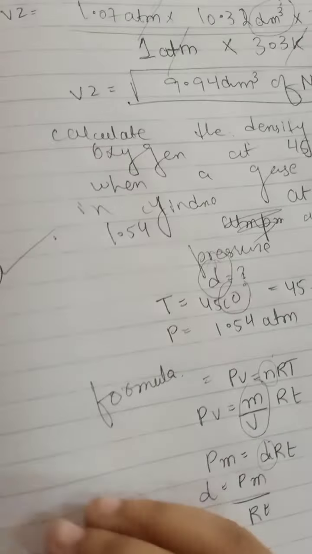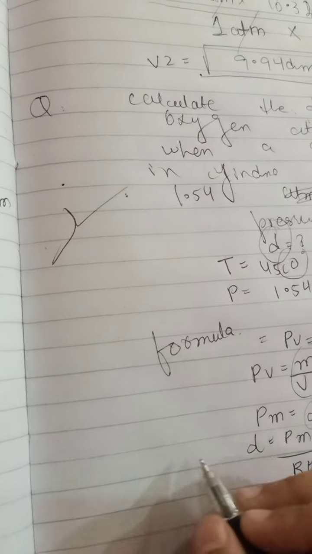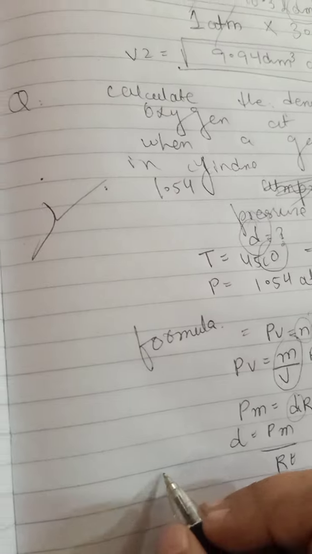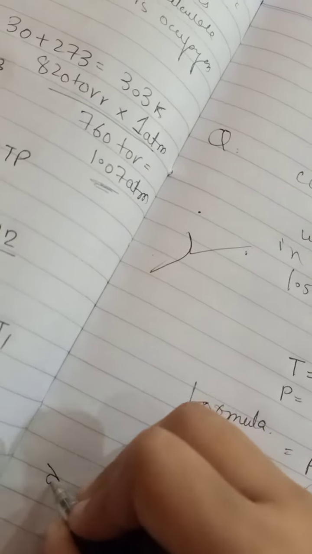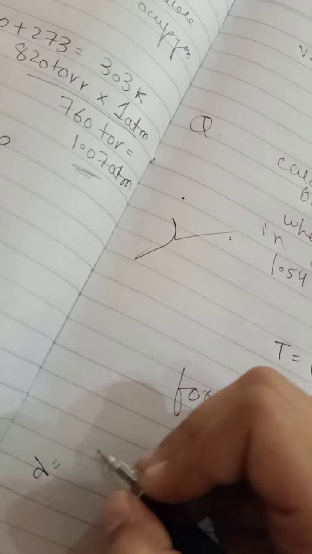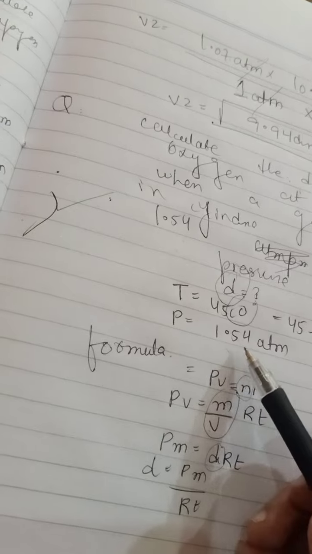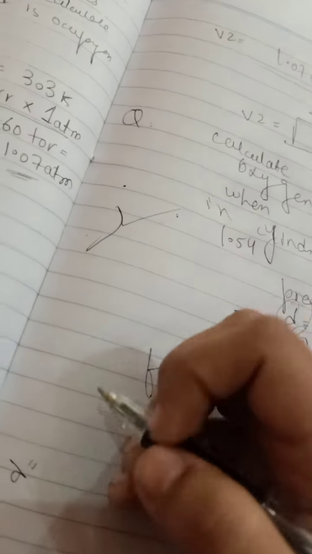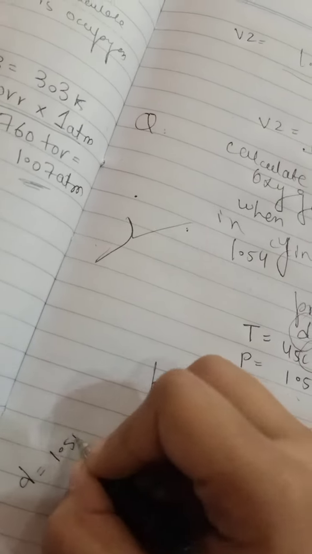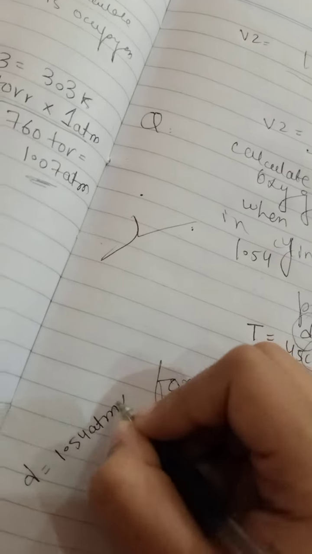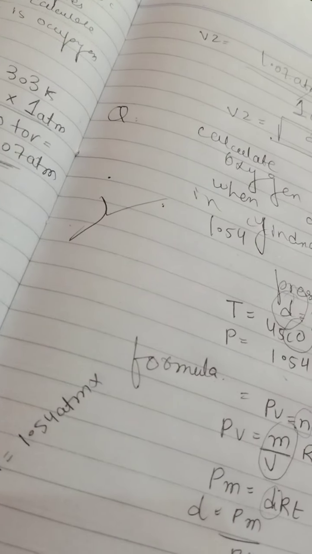So here we are putting in the formula: D is equal to PM. First of all, P is 1.54 atm multiplied by 32 gram per mole.